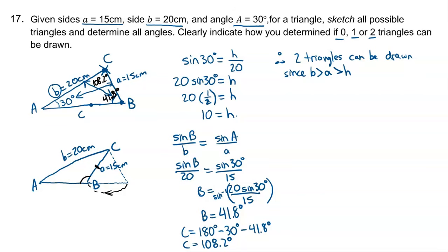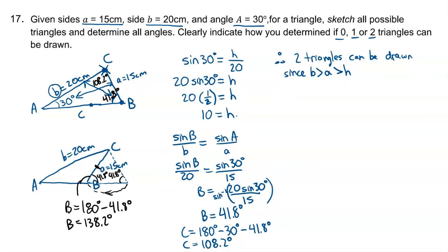And so what we need to recognize is that this angle in here is 41.8, and then that means that this angle in here is 41.8 because it's an isosceles triangle. So the angle right in here is going to be 180 minus 41.8, which is an angle of 138.2 degrees.